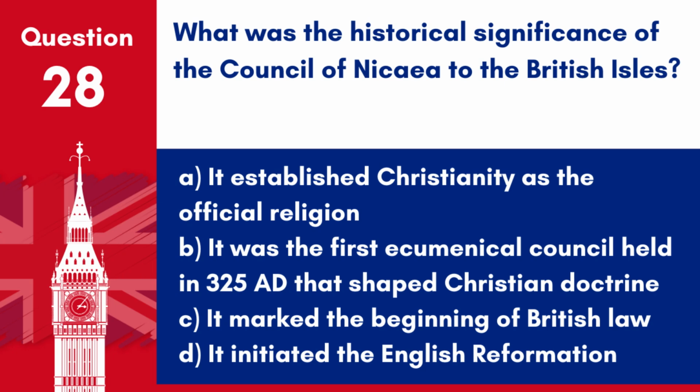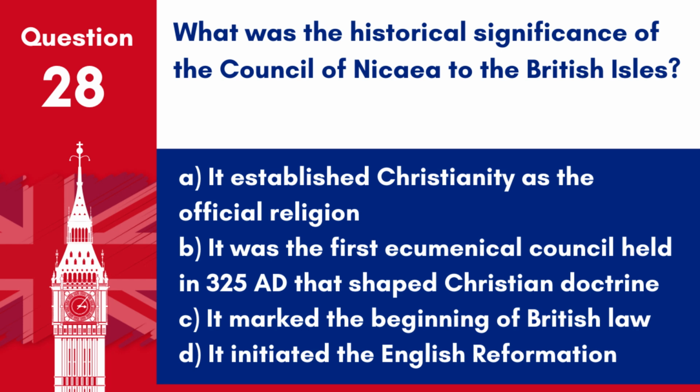Question 28. What was the historical significance of the Council of Nicaea to the British Isles? A. It established Christianity as the official religion. B. It was the first ecumenical council held in 325 AD that shaped Christian doctrine. C. It marked the beginning of British law.